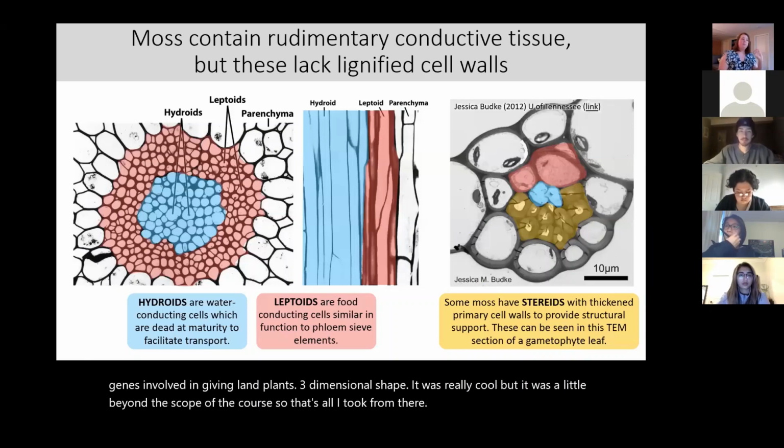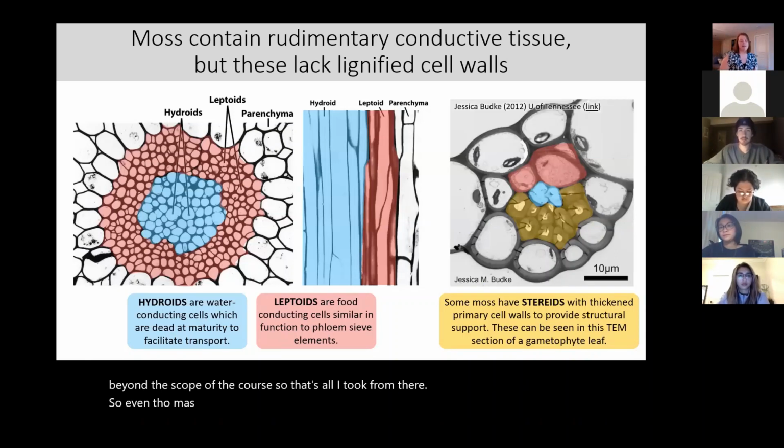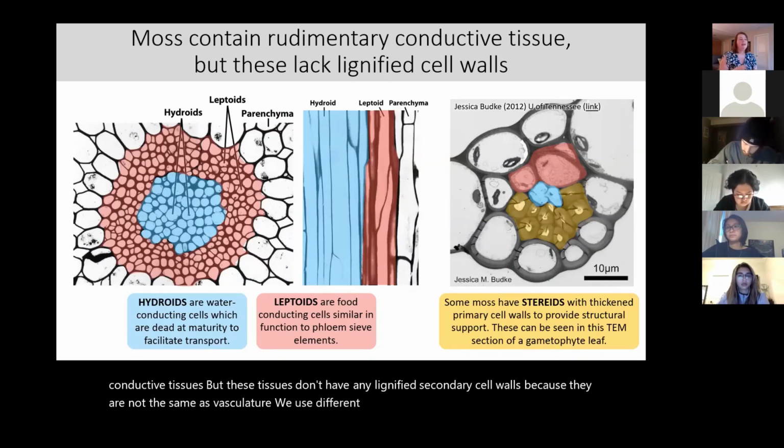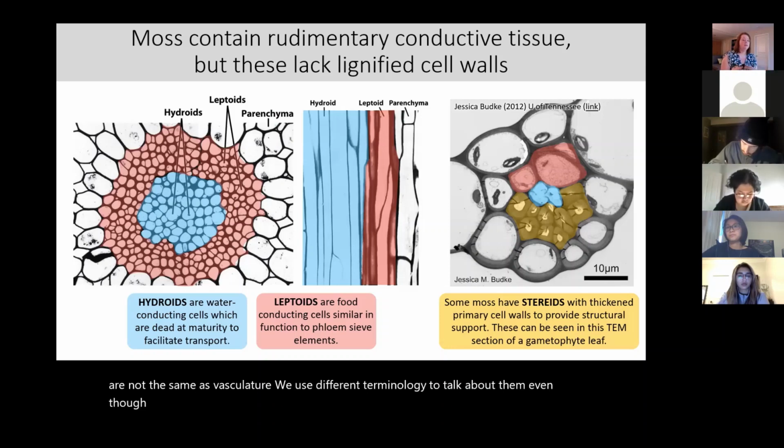So even though moss are non-vascular plants, they do actually have simple rudimentary conductive tissues, but these tissues don't have any lignified secondary cell walls. Because they're not the same as vasculature, we use different terminology to talk about them, even though they might have similar functions to the tissues we've already mentioned.